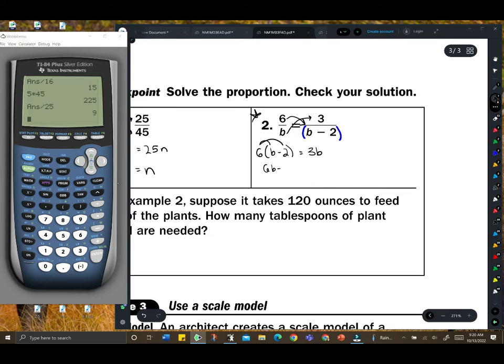So 6b minus 12 is equal to 3b. You're going to need to use some of your old skills. Minus 3b gives 3b minus 12 equals 0. You're going to need to add 12 over. So 3b equals 12, and then divide by 3. There's a good bit more to that type, so definitely have that example down.